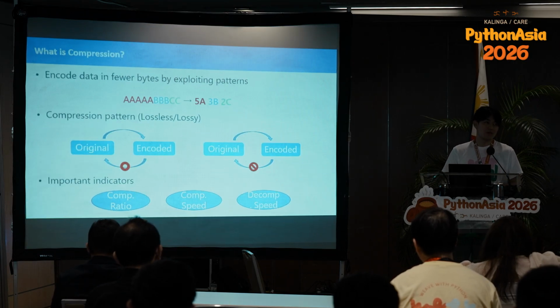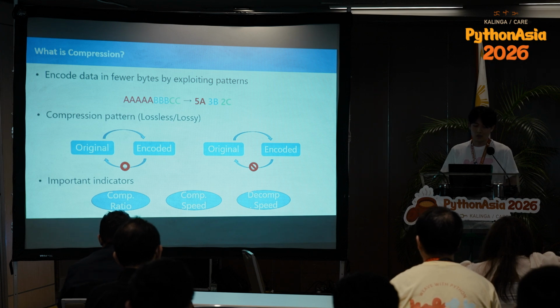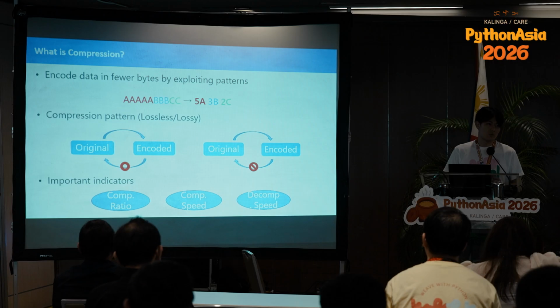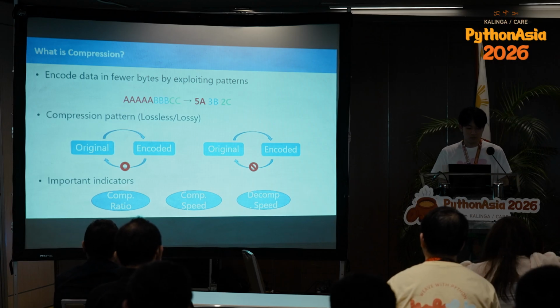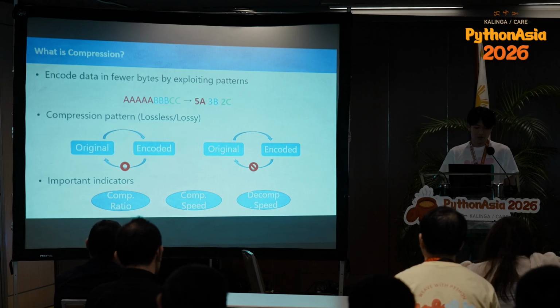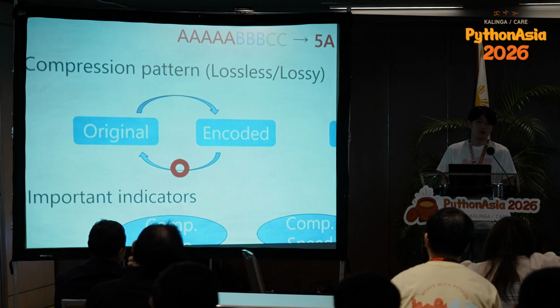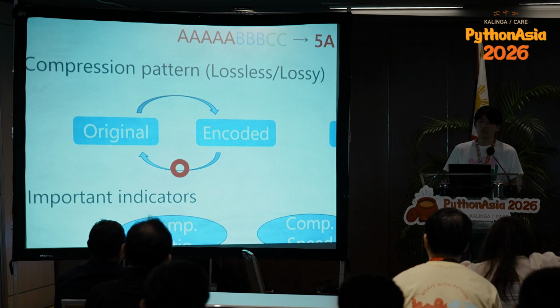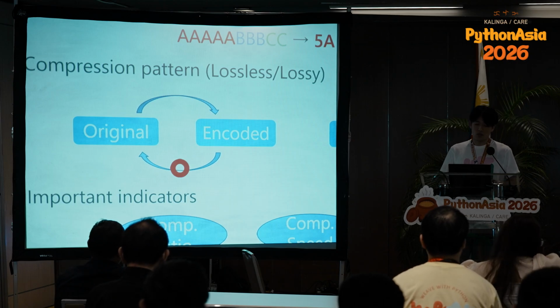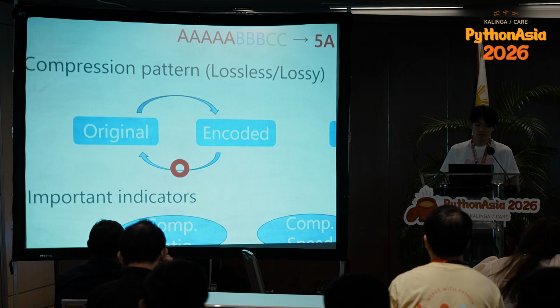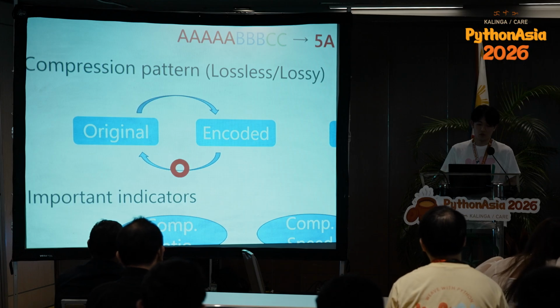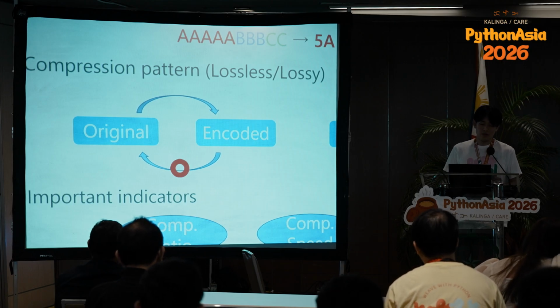Then compression can be characterized into two patterns. One is lossless compression, and the other is lossy compression. Lossless compression means that when you encode something, you don't lose any data, so when you decode it, you can recover the original data.